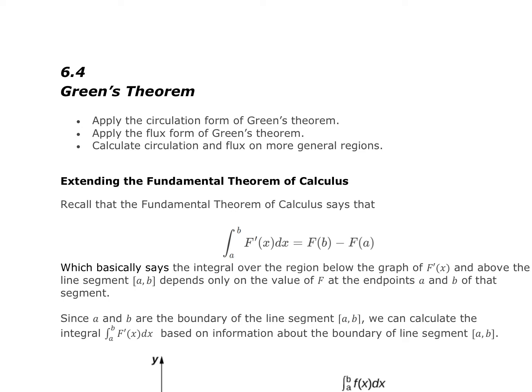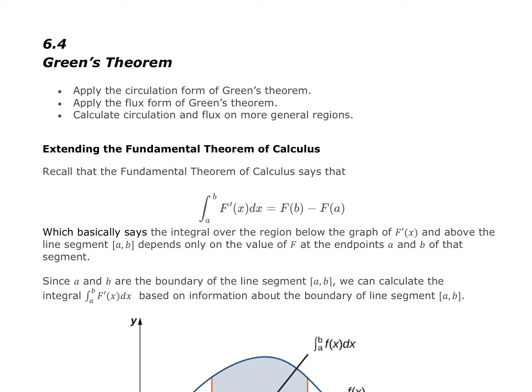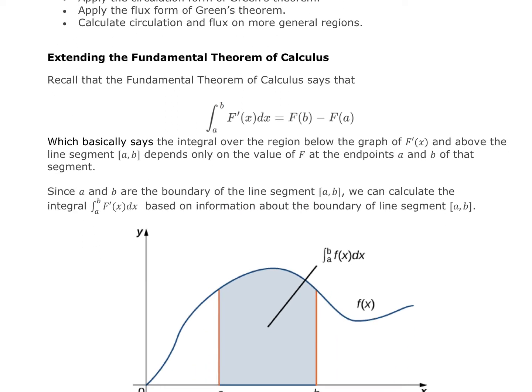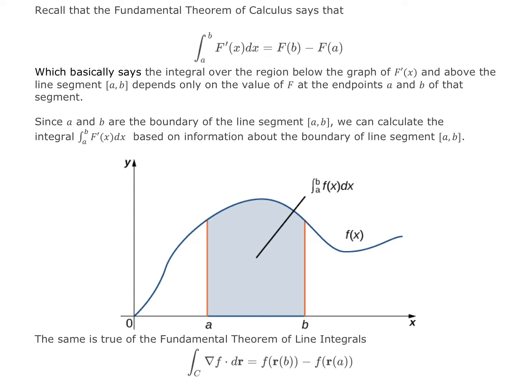This basically says the integral over the region below the graph of f prime of x and above the line segment from a to b depends only on the values of f at the endpoints a and b of that line segment. Since a and b are the boundary of the line segment AB, we can calculate the integral of f prime of x dx based on the information about the boundary of the line segment a to b.